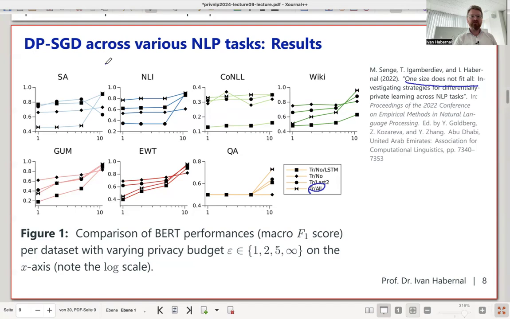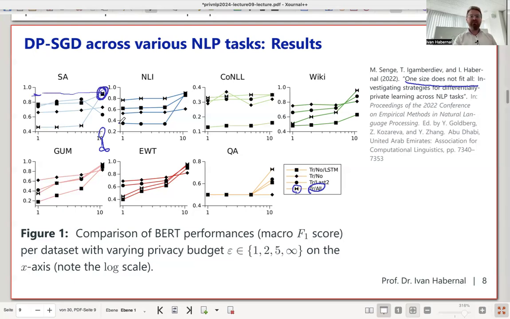This symbol is for no privacy, this should be infinity. If you fine-tune the full BERT for this particular task, you get the best performance. So this is the best model performing non-privately.